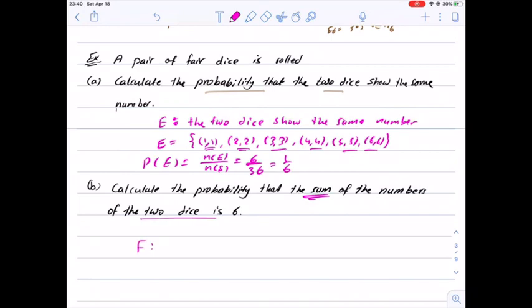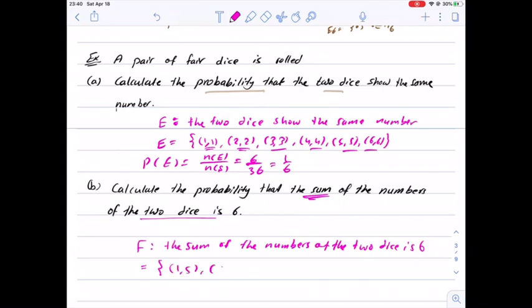Part B, we want to calculate the probability that the sum of the numbers of the two dice is 6. So we define the event, let's call it F. F is that the sum of the numbers of the two dice is 6.